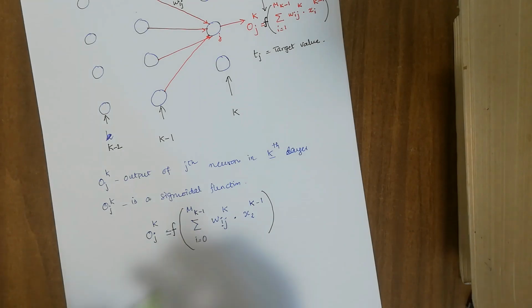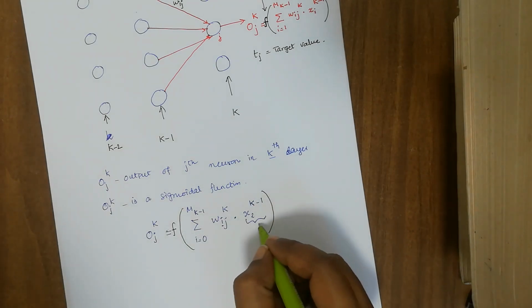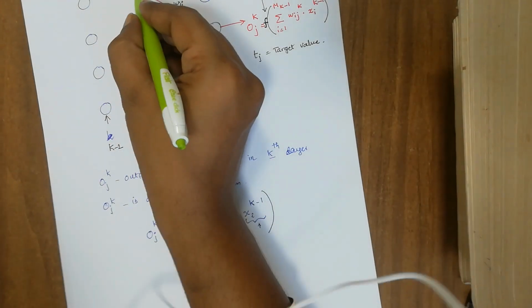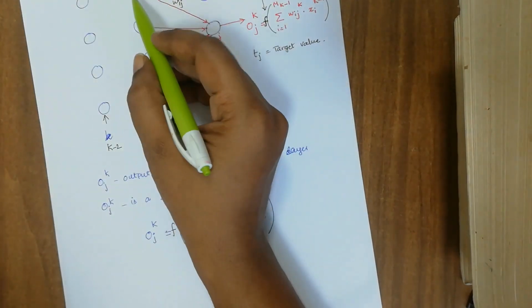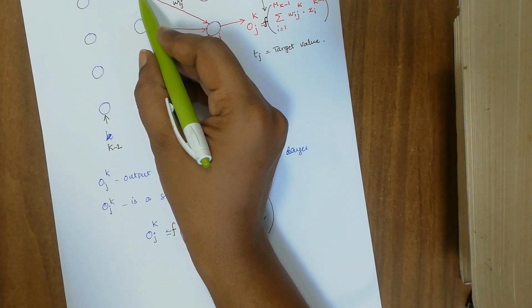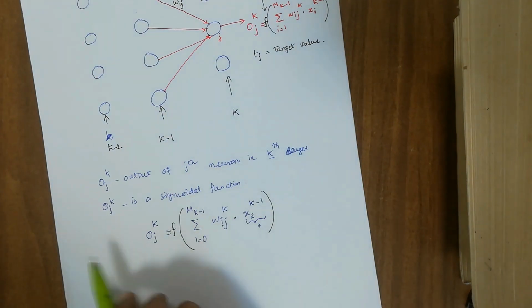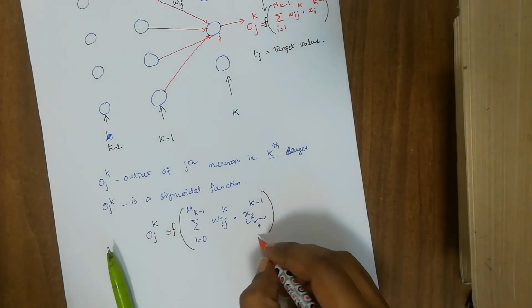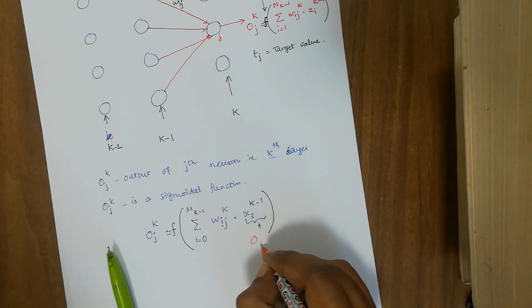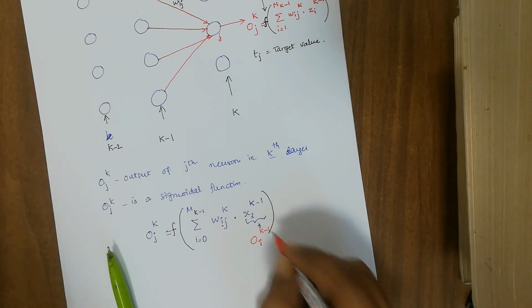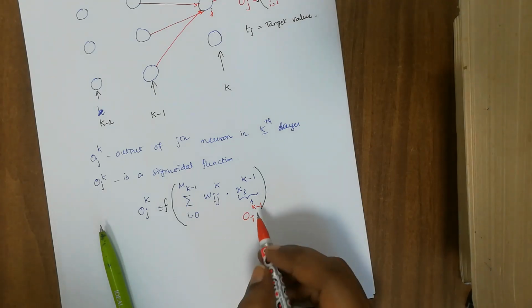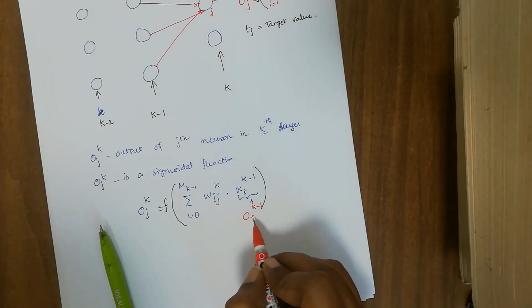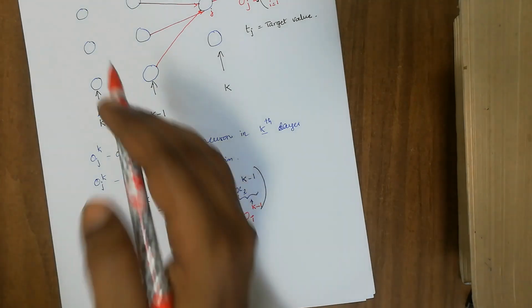Okay, but since this input is nothing but the output obtained similarly from the previous layer, now instead of taking xi k minus 1, I can replace simply this as oi k minus 1. Now we will make use of this oi k minus 1 in my derivative function. This is nothing but the output of the ith neuron in the k minus 1th layer.